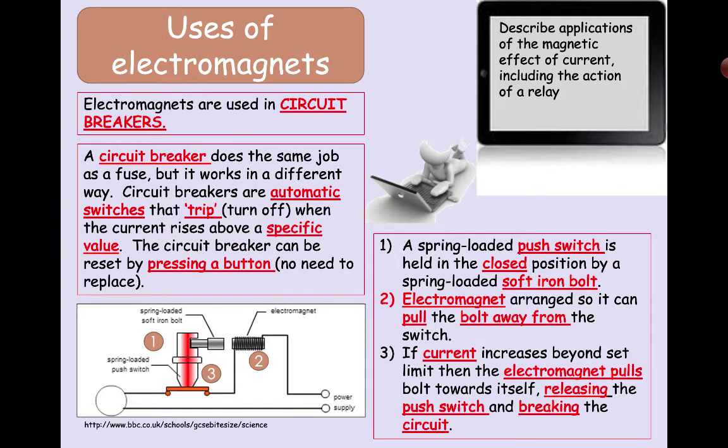If the current increases beyond a set limit, then the electromagnet pulls the bolt towards itself. So if there's a current surge, this electromagnet here gets turned on. That attracts this bolt, which then releases this switch, which breaks the circuit. So the current increases beyond a set limit, then the electromagnet pulls the bolt towards itself, releasing the push switch, breaking the circuit.